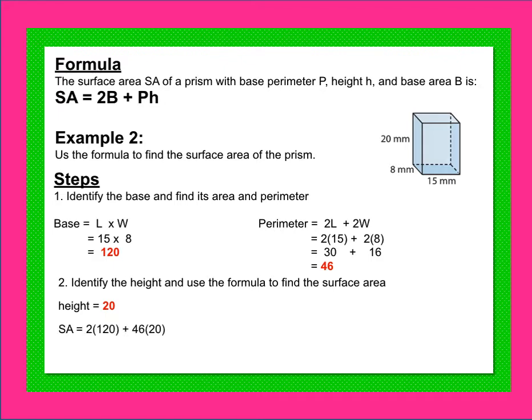If we multiply 2 times the area of the base, which is 120, plus the perimeter, which we found was 46, times the height, we get a surface area of 1,160. And that's what we had before.